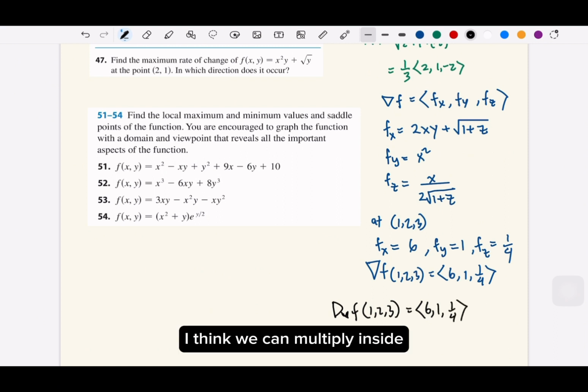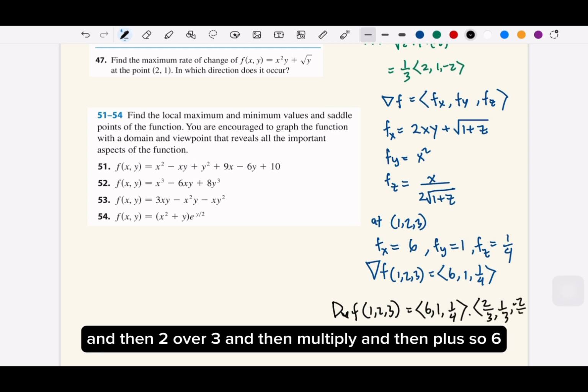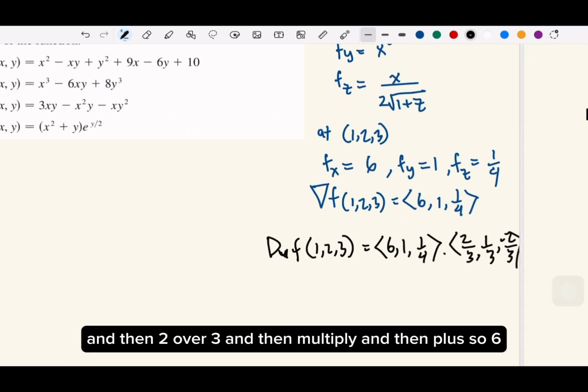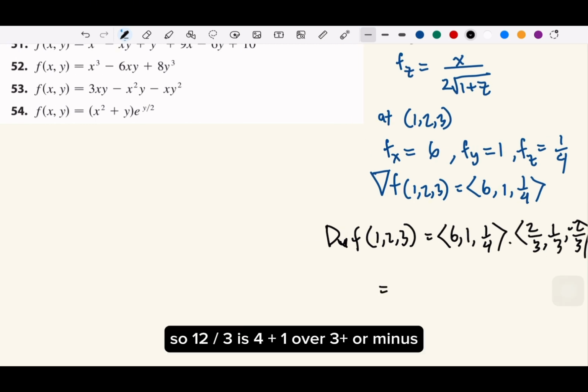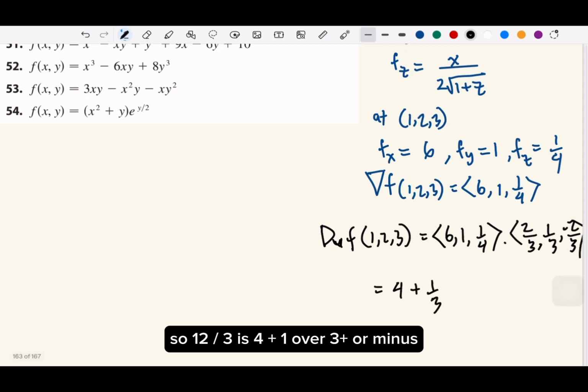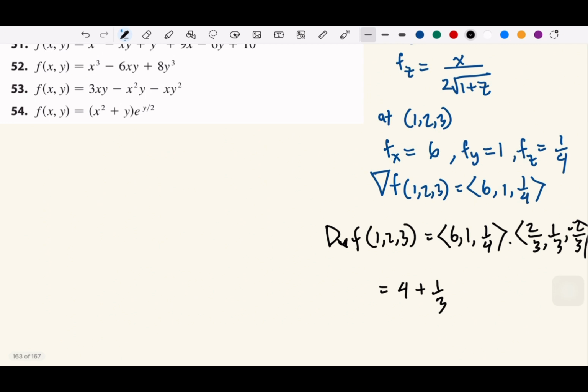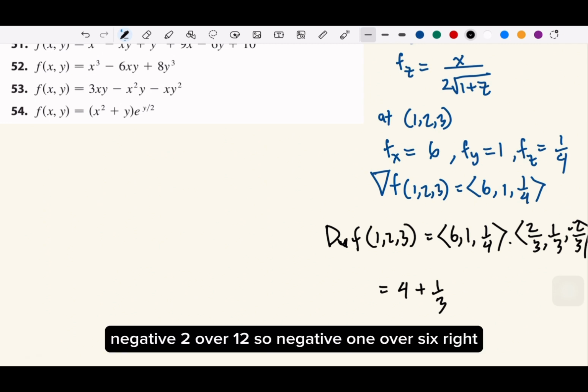I think we can multiply inside, with the unit vector being 2 over 3, 1 over 3, and negative 2 over 3. And then multiply and then add. So 6 times 2 over 3, so 12 divided by 3 is 4, plus 1 over 3, plus negative 2 over 12, so negative 1 over 6, right?